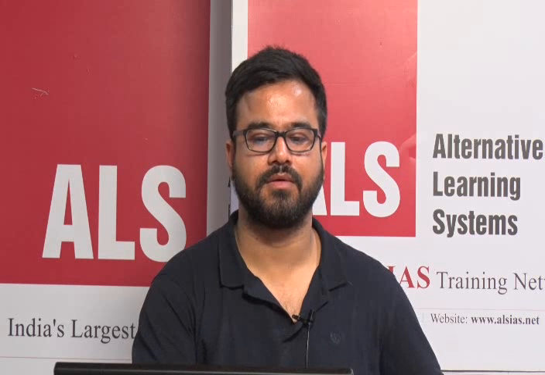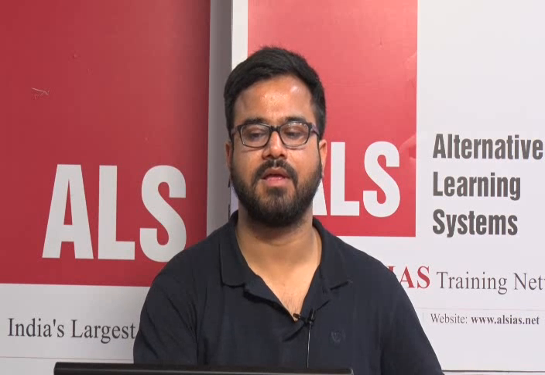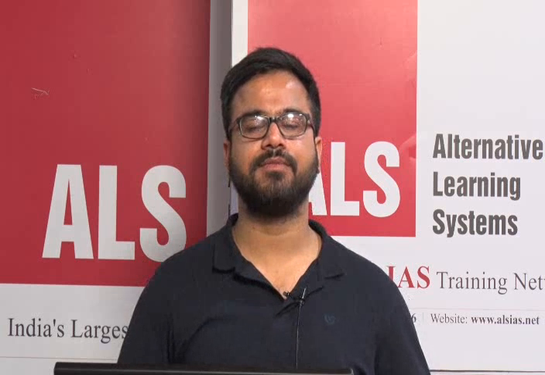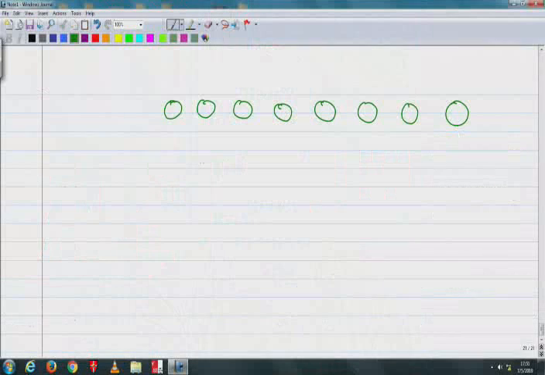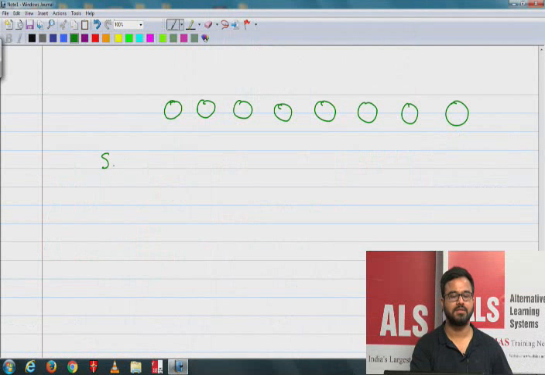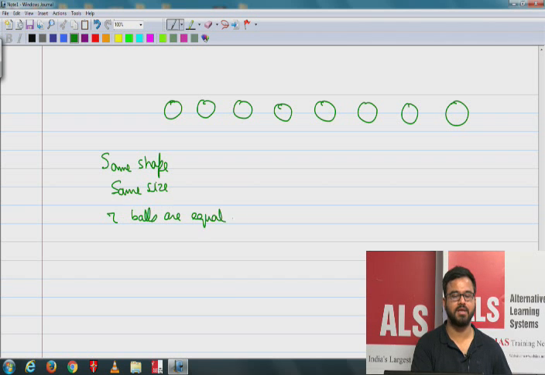These are the 8 balls, you can see. 8 balls are there, and all the balls are of the same shape, same size, right? 7 balls are equal in weight, only one ball is heavy.